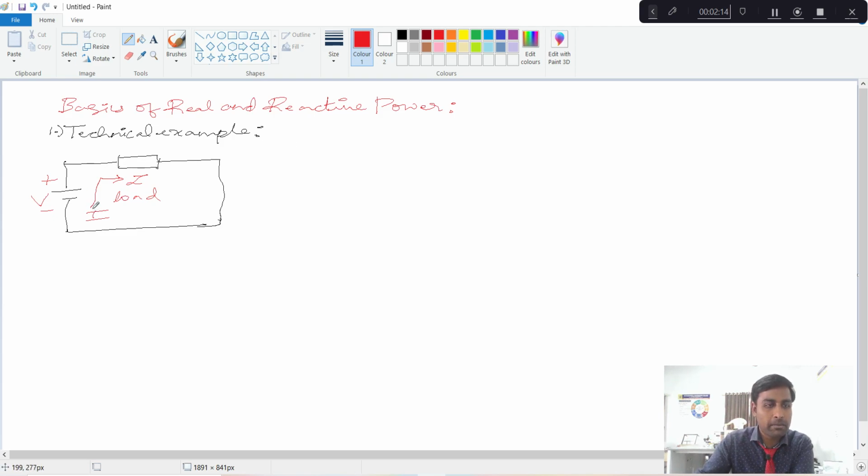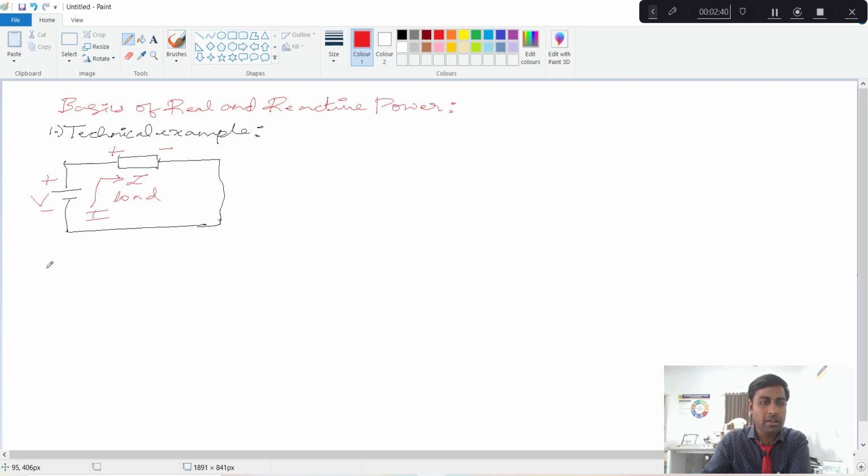Now you see here my current is flowing from minus to plus in the source, so the source is generating power to the load. Obviously your load will get plus and minus, which means I am marking this polarity based on the voltage polarities. Now you see my current is flowing from plus to minus in the load.